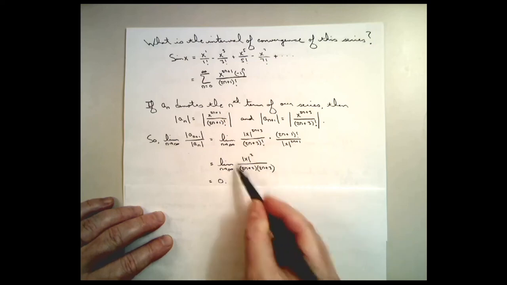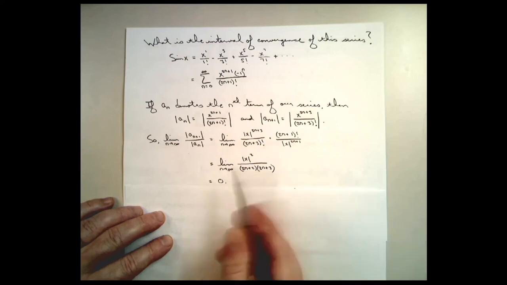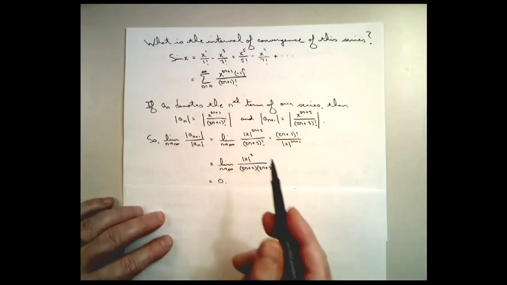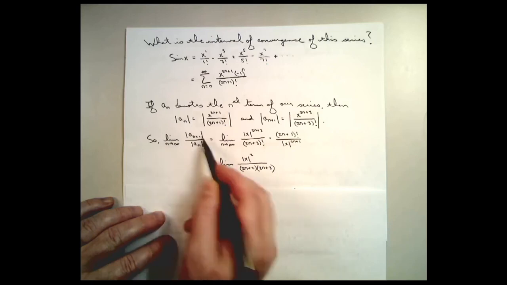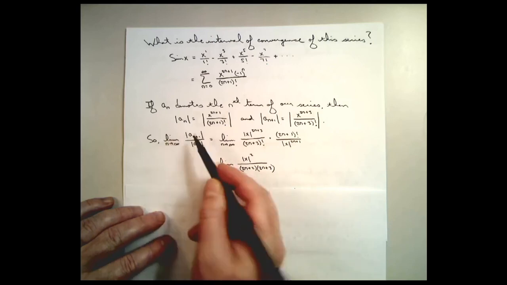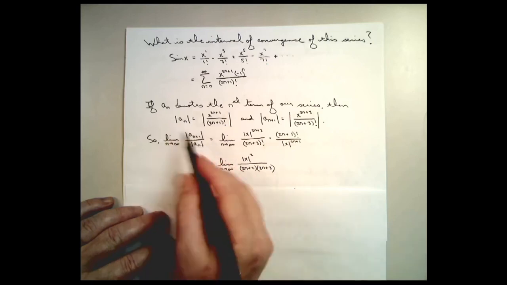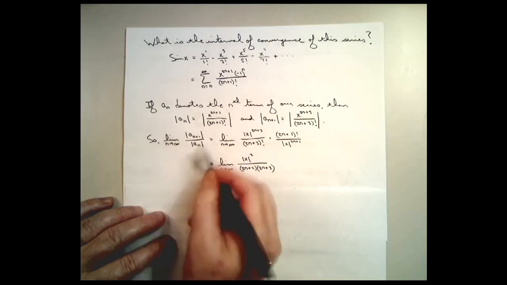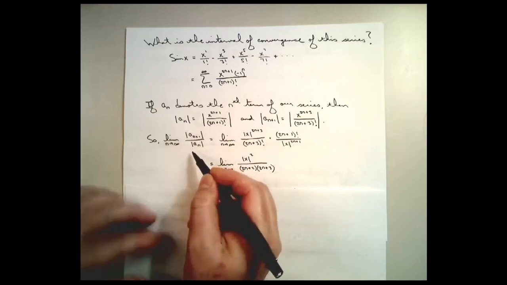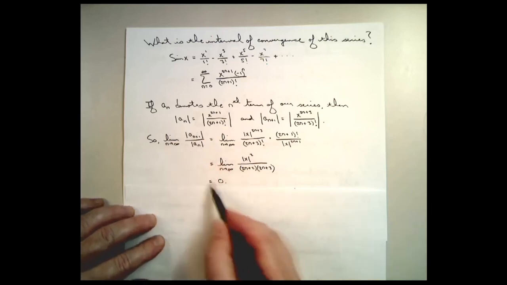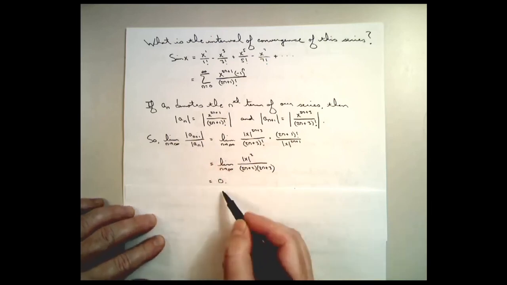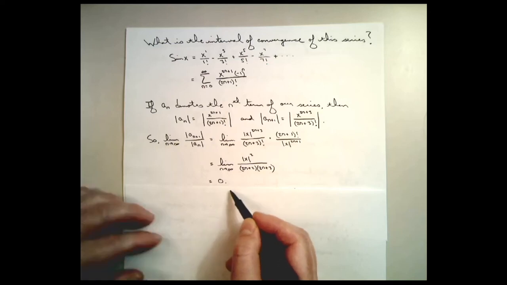And so that's going to make my fractions get small. So the ratio test tells me that for all the x values for which this limit is less than 1, I'm going to have a convergent series. So for all x values for which 0 is less than 1, I'm going to have a convergent series.